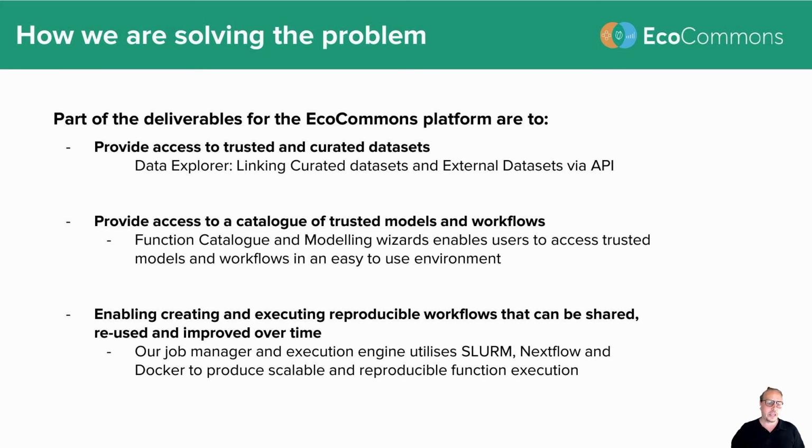Third, enabling creating and executing reproducible workflows that can be shared, reused, and improved over time: this is solved by our job manager and execution engine that utilizes Slurm, Nextflow, and Docker to produce scalable and reproducible function execution.